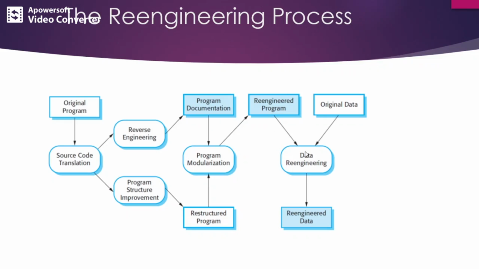Next we'll see in detail about the re-engineering process. You can look at the diagram and see there is the original program. You have source code translation, meaning you have one source code translation tool available which will convert from one programming language to another, like C sharp to Java or Java to Python.